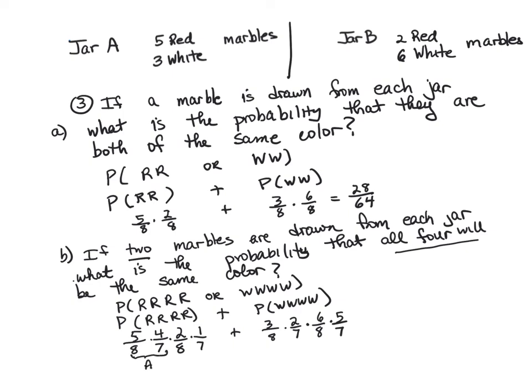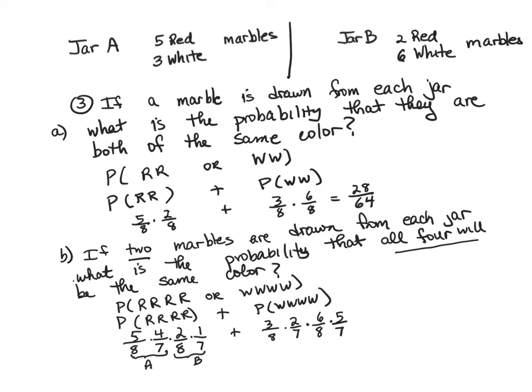But if the first one is red, then we have 1 less red in the jar, and the probability of picking a red from that jar again is 4 out of 7. In jar B, the probability of picking a red would be 2 out of 8, and since there's 1 less red, the probability of picking a red again would be 1 out of 7.